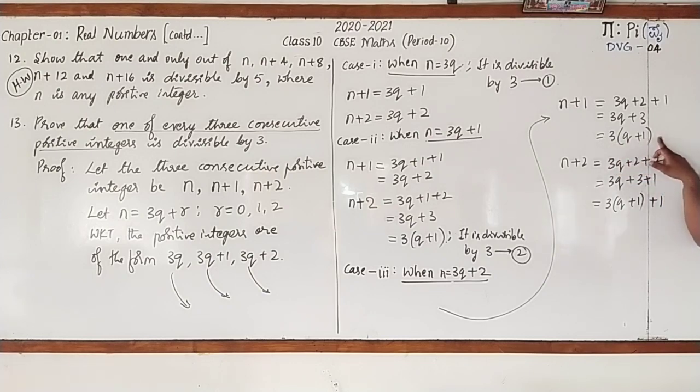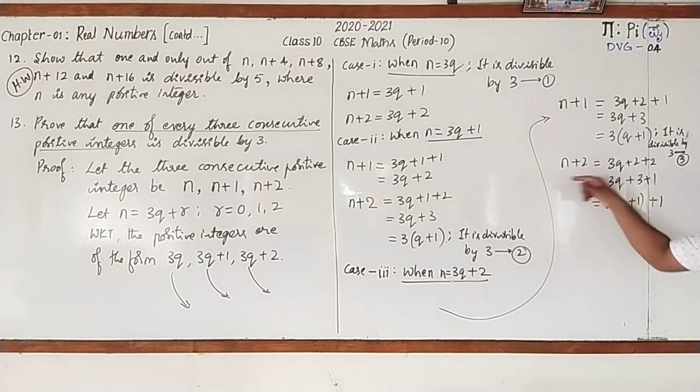No, remainder will be 0. Because n plus 1 is the multiple of 3. Therefore, it is divisible by 3. You may call it as statement 3.